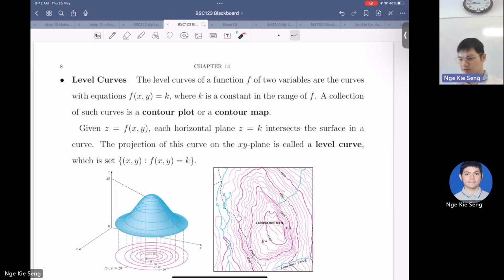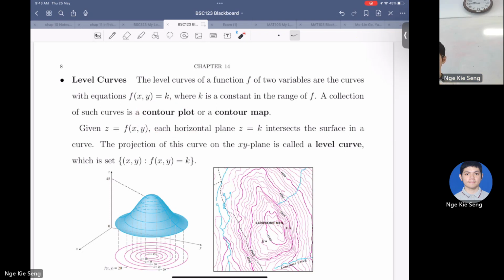When you cut it at different levels, what do you get? At the top, you get a point. Then slowly, when you cut at a lower height, you get circles that gradually increase in radius. So we plot all these curves as our level curves, or the contour plot.